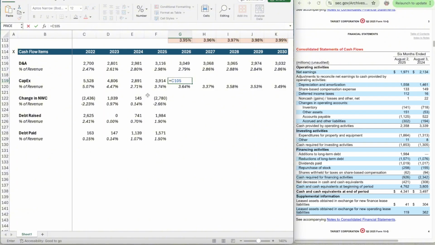No, it's not C105. It should be G105, sorry. Yeah, all good.